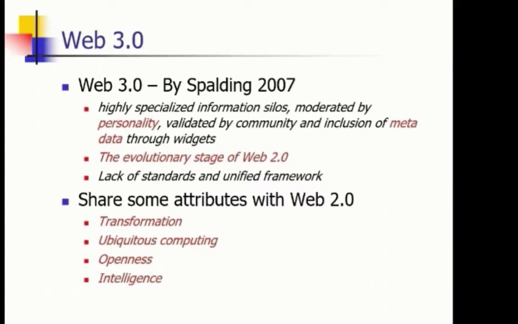He also shared some attributes with Web 2.0. What were those attributes? Transformation, ubiquitous computing, openness, intelligence. These four are the attributes.